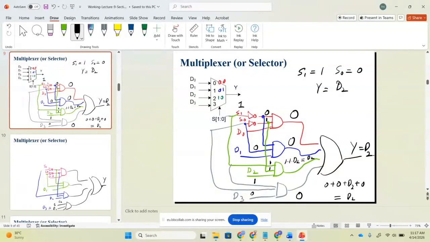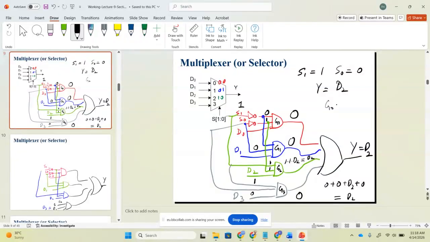It is related to the logic of the multiplexer. It means that now we have 4 gates, which I call G0, G1, G2, and G3. G0 will be enabled, it will pass D0 and all others will produce 0.